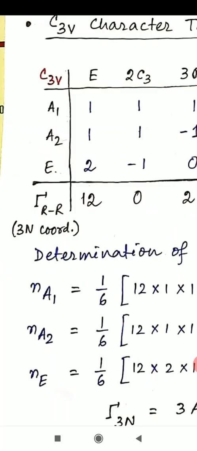But you have to multiply the 4 with 2. Okay, you have to multiply the 4 with 2. Why? Because in case of E, if I take the identity matrix, then the value is 2. So that's why 3 plus 1 plus 4 into 2 should be 12.